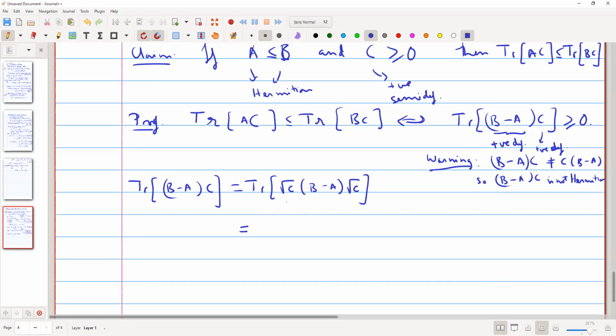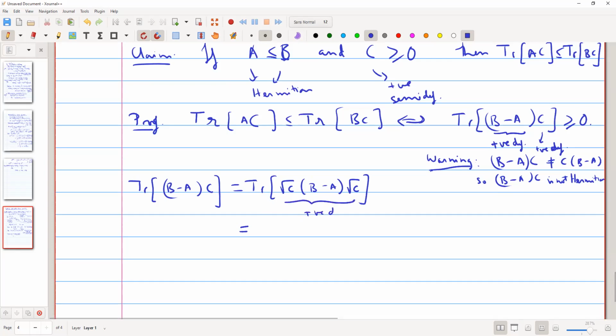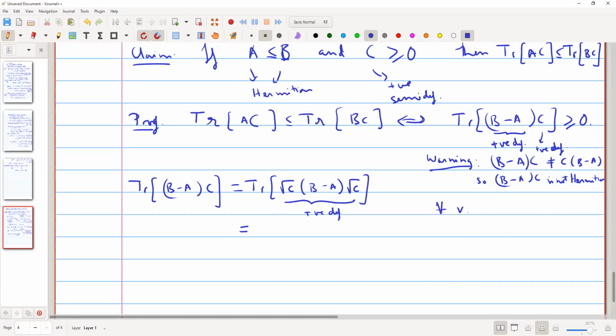Now this thing is positive semi-definite: the matrix square root C, (B minus A), square root C. That is easy to see because, to check whether it's positive semi-definite, let's say I take any vector v. So for all vectors v, I'm going to take the bilinear form.